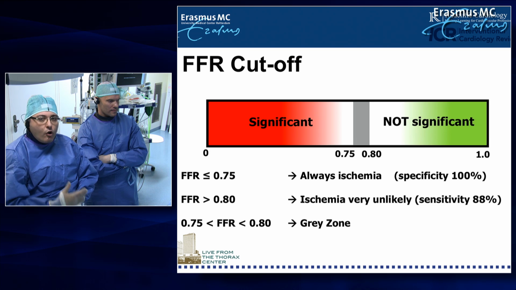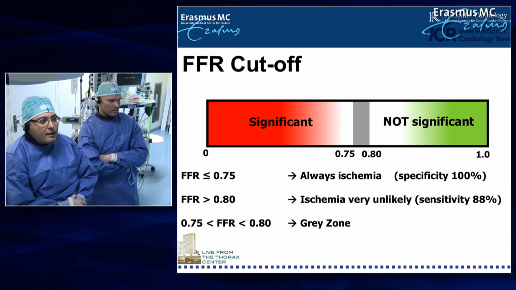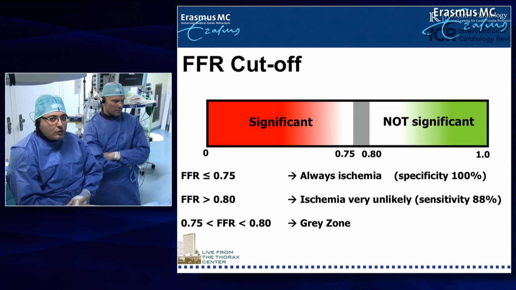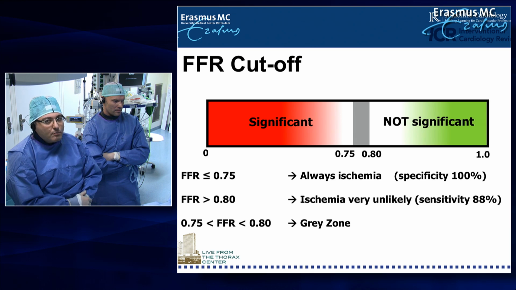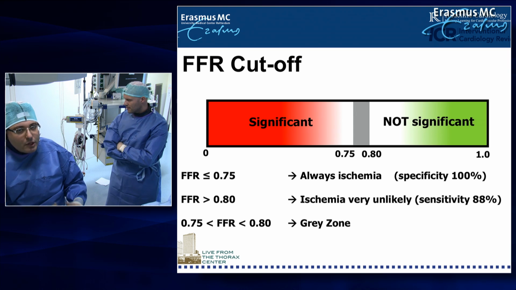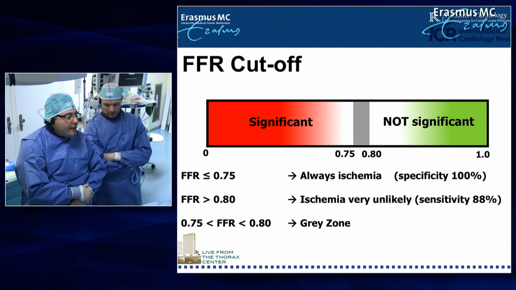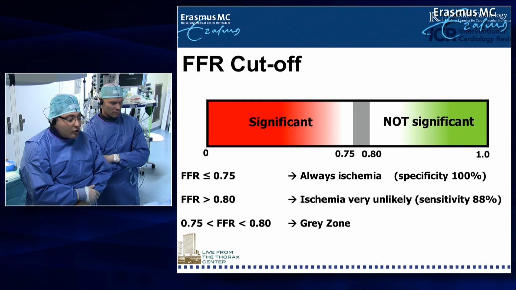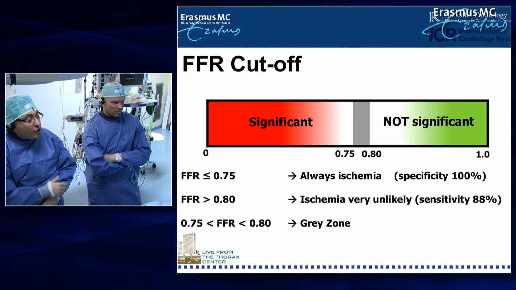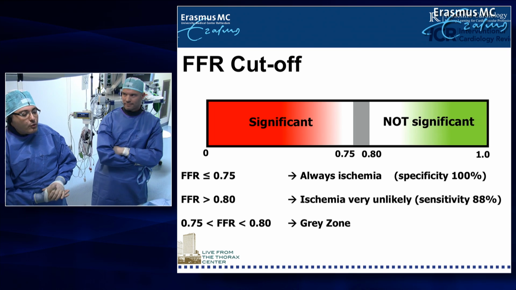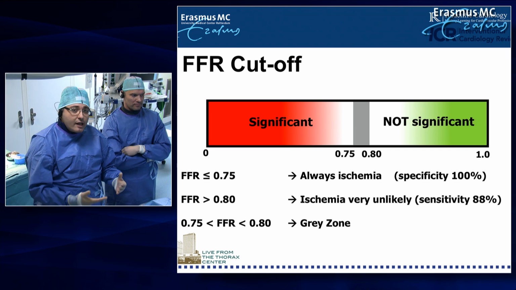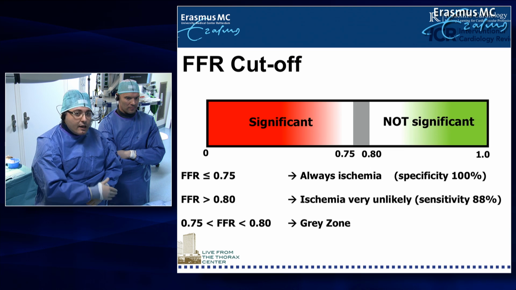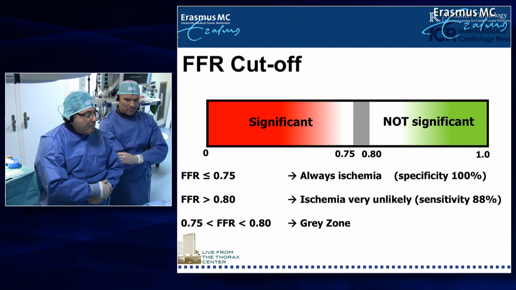We now have more and more evidence clarifying that a value of 0.8 is also very important to drive our decision making, and that we could probably use this value of 0.8 to guide our decision in placing a stent and treating the patient or not. So we know that with a value of 0.8, we have a reduction in pressure of 20% down the coronary stenosis, and we have a clear ischemic burden there.